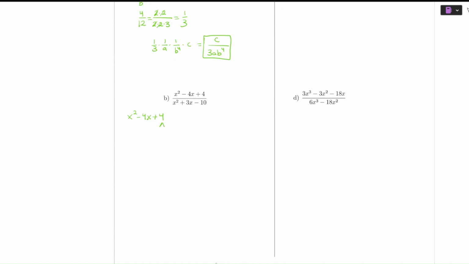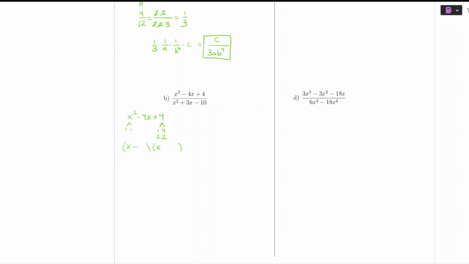Well, we know for this, our constant term, we can have 1 and 4 or 2 and 2. And x squared is just going to be 1 and 1. So we know that we'll just have 1x and 1x. And then we have a negative 4x. And so we know there has to be a negative somewhere, right?